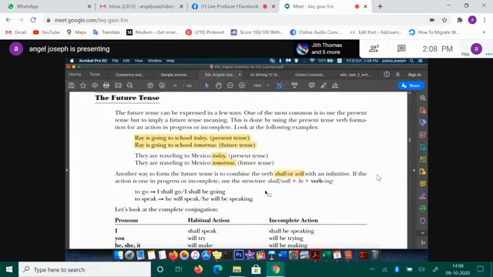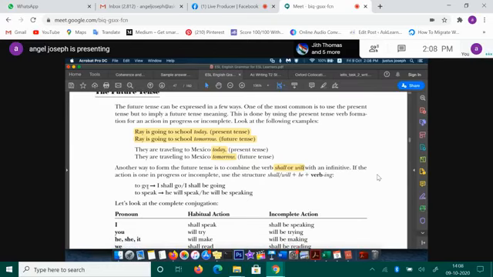So, let's look at few examples. Go, a word like go. I go to the museum. If you want to say that in future, I will go to the museum, or I shall go to the museum.